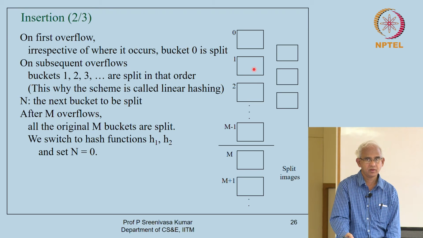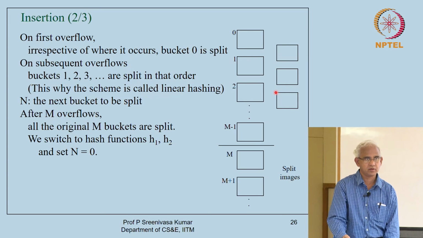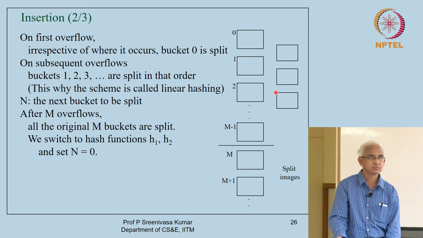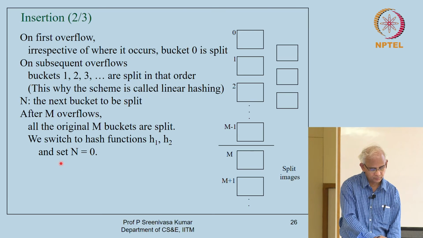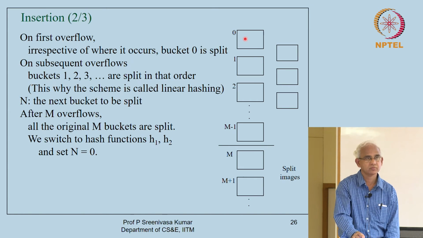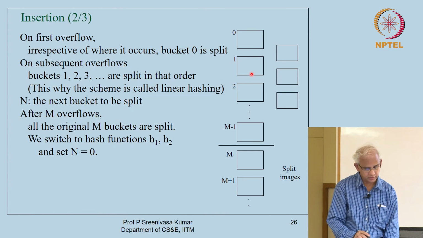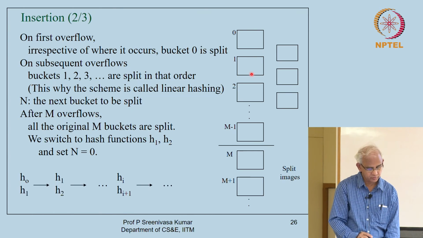Now, if all the original data buckets have been split, then obviously we have to use h1 to locate the record, and for splitting we will use h2. And of course, this number n, which keeps track of the next bucket to be split, we have to set to 0. Okay. So, this is how linear hashing will work.